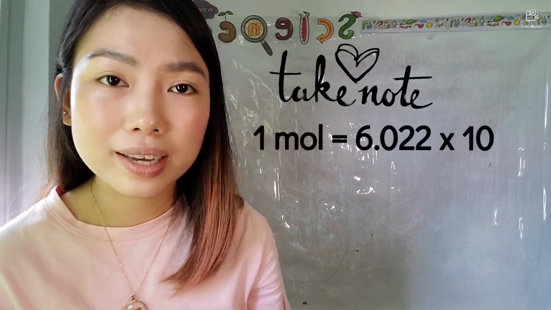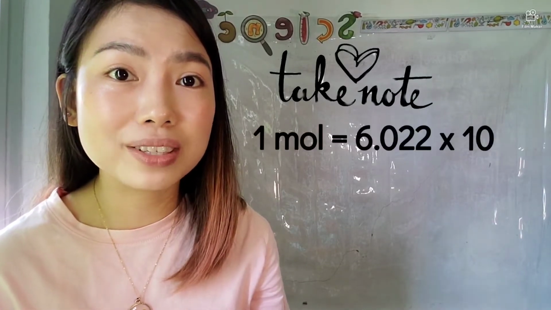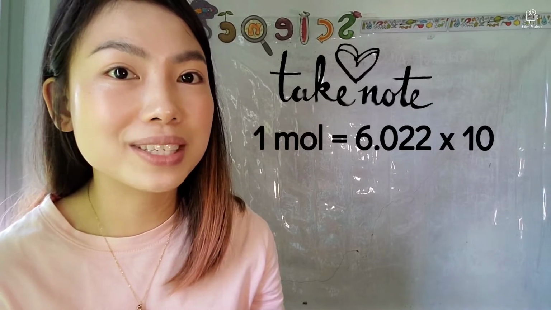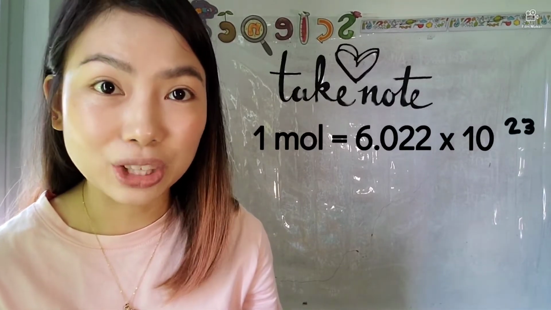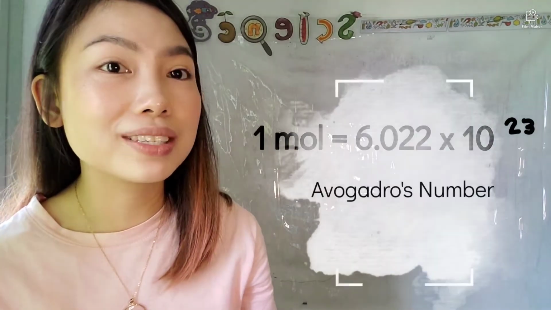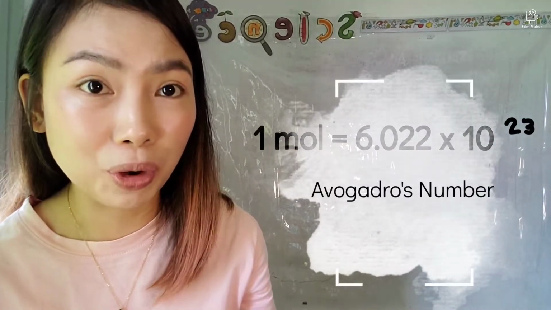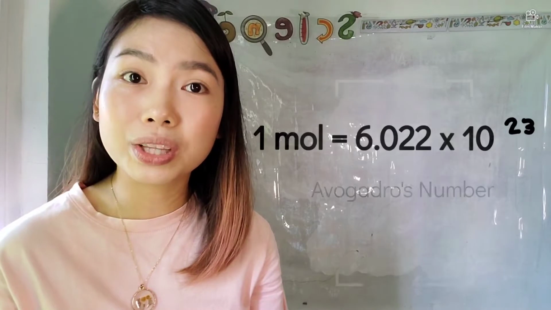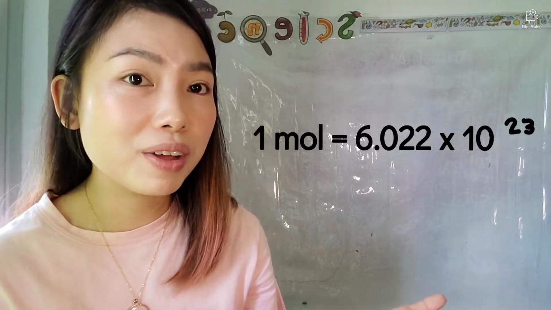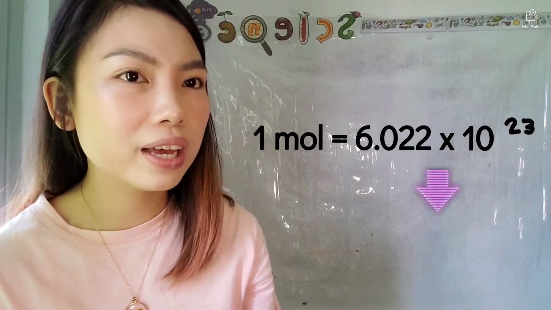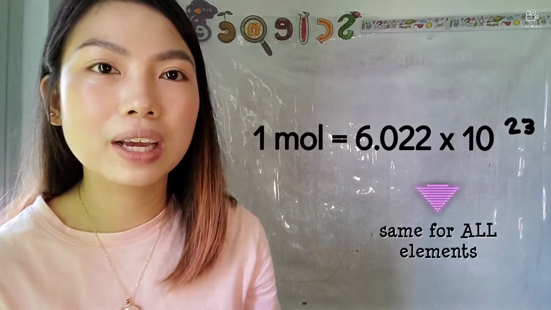1 mole is equivalent to 6.022 times 10 to the 23rd power particles or atoms. And this is what we call Avogadro's number. And take note, this value is the same for all the elements in the periodic table.